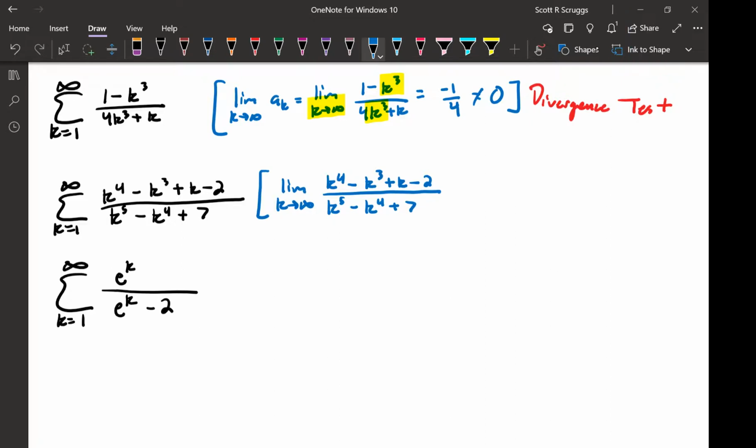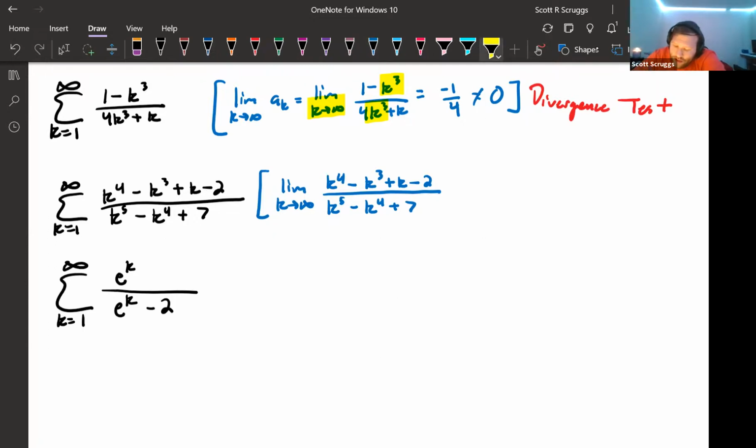Would it be 0? Right, it would be 0. It's an infinite limit of something that looks like a rational function. The highest power in the numerator is smaller than the highest power in the denominator, so that guy will shrink down to 0. So the limit of the terms is equal to 0.